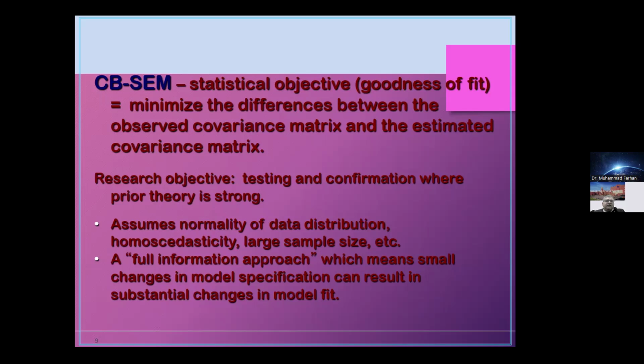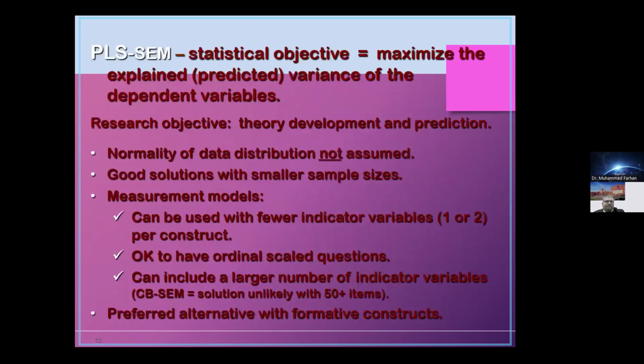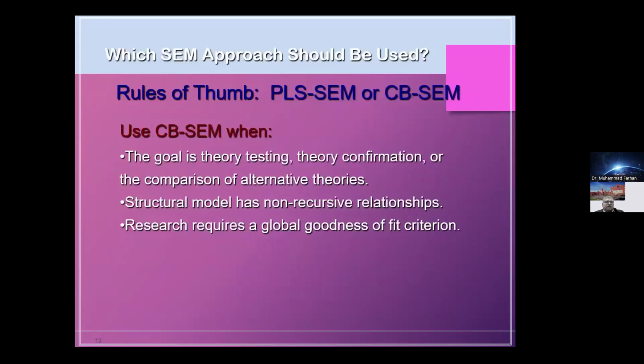And for that theory, if you want to know what the measurement items are, then the first technique, covariance-based structure equation modeling, will be used. There are certain conditions that we need to follow, but let's move on.